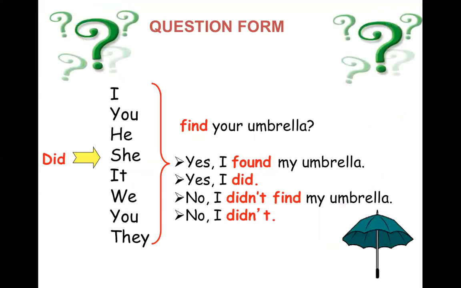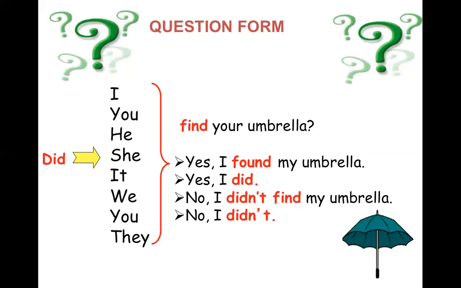Question 4. When you structure a question, you have to use first the auxiliary did. Then you write the person and the complement. For example, did you find your umbrella? Yes, I found my umbrella.